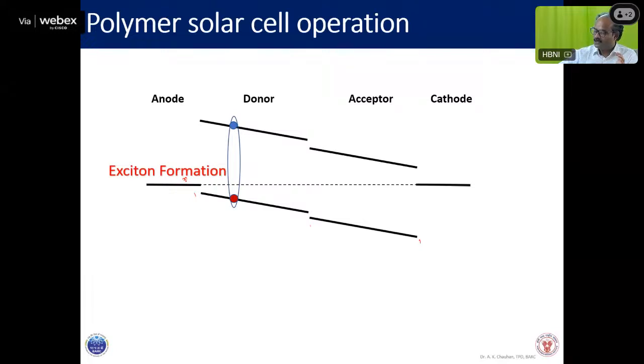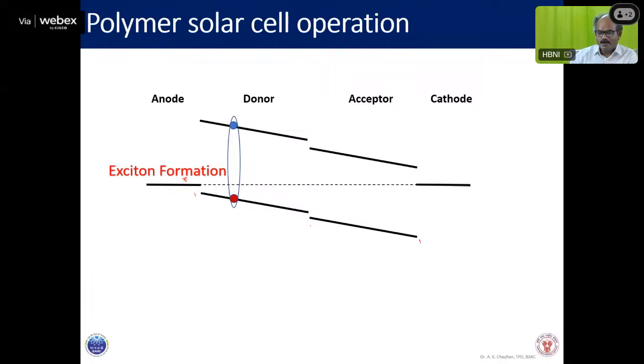They are not separated, like in the case of inorganic, where the electron and hole pair were separated. The electron was traveling separately with a little application of potential. It was able to accept that energy, increase its energy, and move higher into the conduction band.